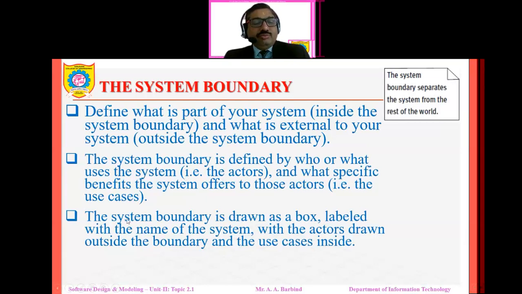The system boundary is drawn as a box labeled with the name of the system, with the actors drawn outside the boundary, and the use cases inside that particular system boundary.